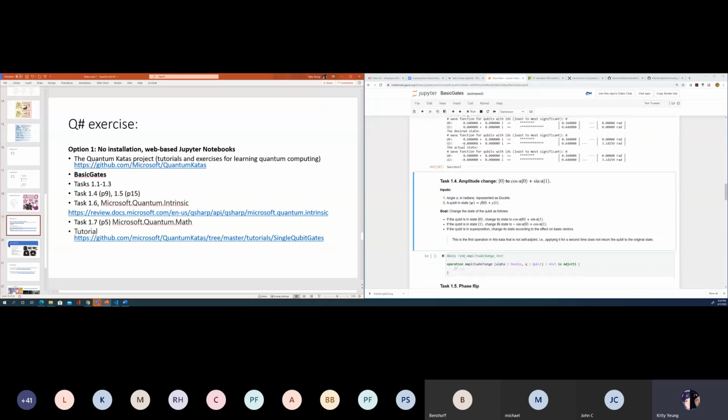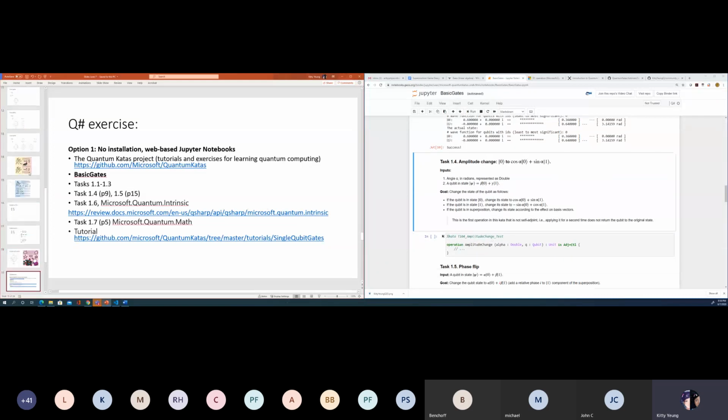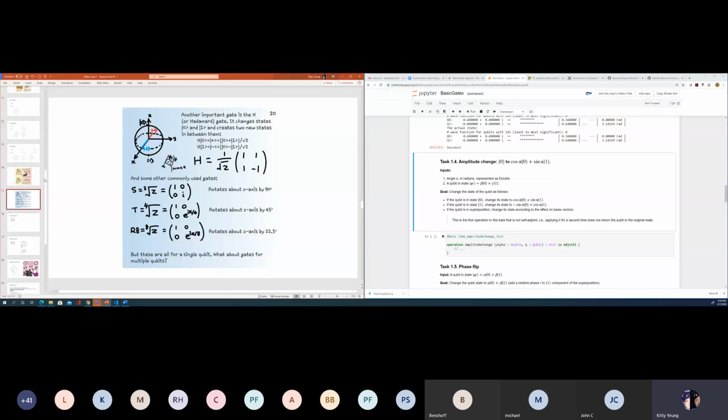So it wants you to have, when it's 0, cosine alpha and sine alpha. If it's 1, it wants minus sine alpha plus cosine alpha. So here, alpha is actually half theta.